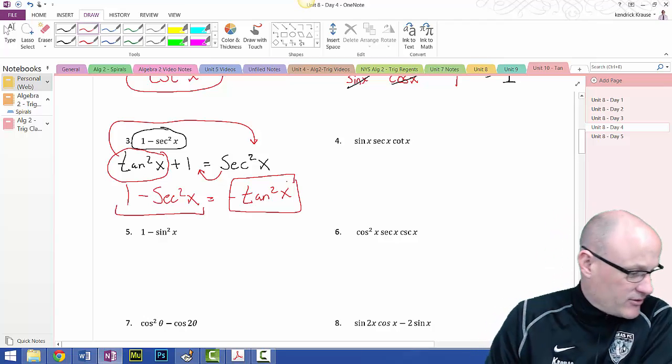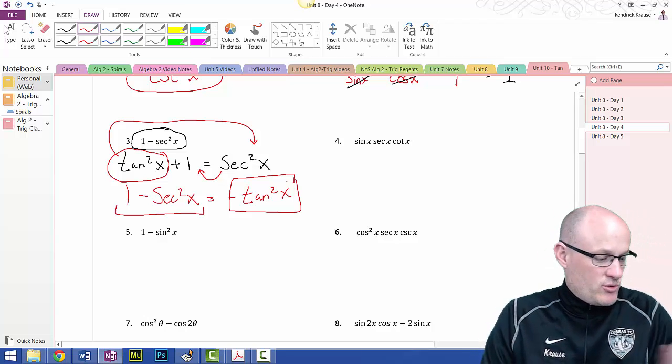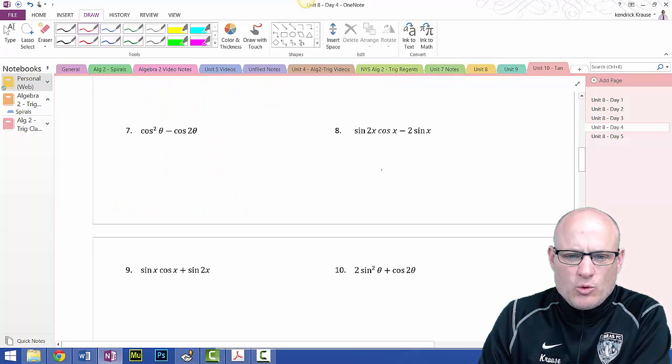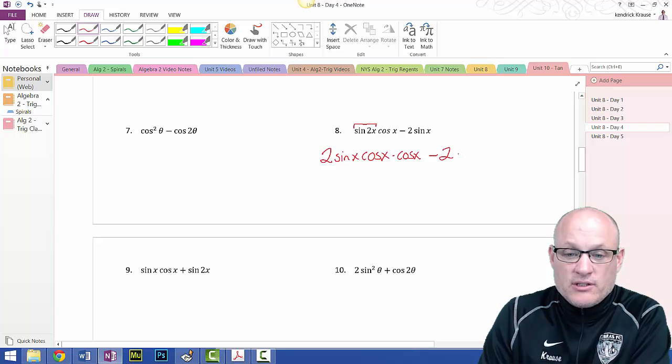All right, what's next? We're going to go to 8. Let's scroll down to 8. Ooh, man, this is something I probably want to look at my formula sheet for. I'm not going to, because I think by now you should probably have it memorized. This is 2 sine x cosine x, and then times cosine x minus 2 sine x.